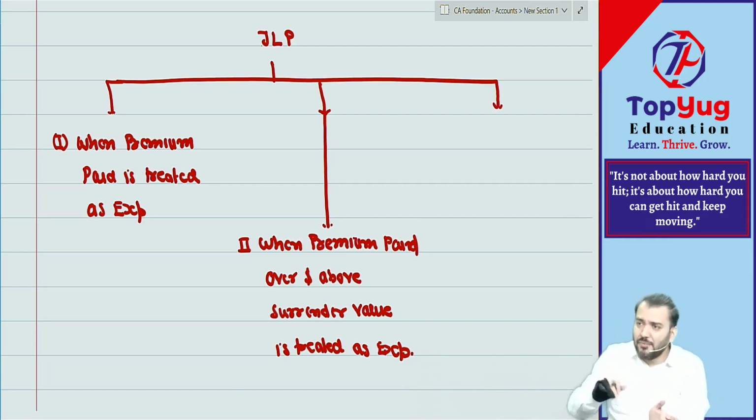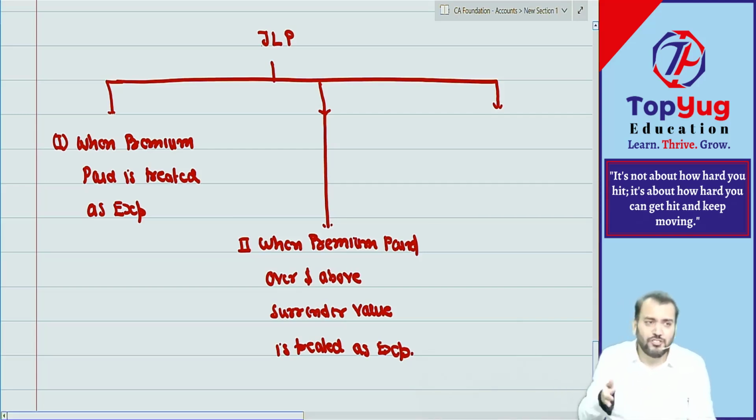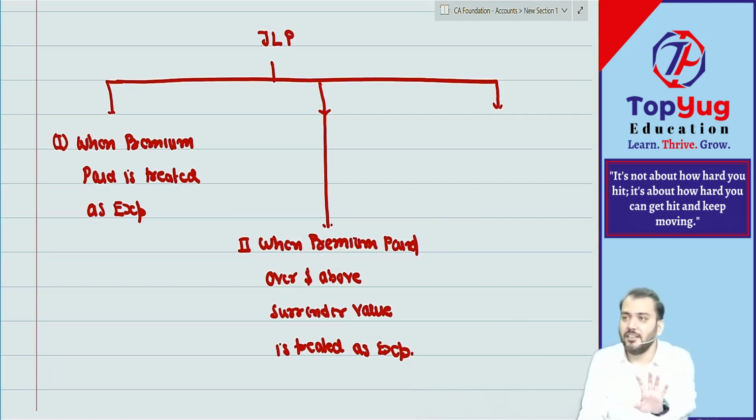Surrender value is the value you get if you terminate the policy before its maturity date. Suppose you have taken a life policy for 10 years, but you need some amount right now, so you may surrender the policy after 2 years only. You will say, now I will not pay premium because I am in need of money.